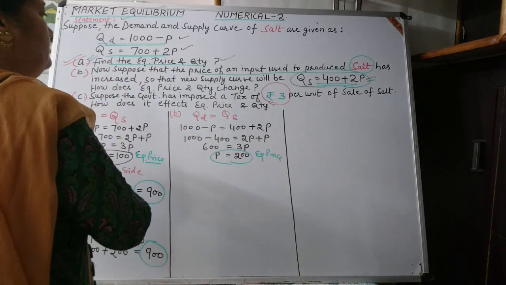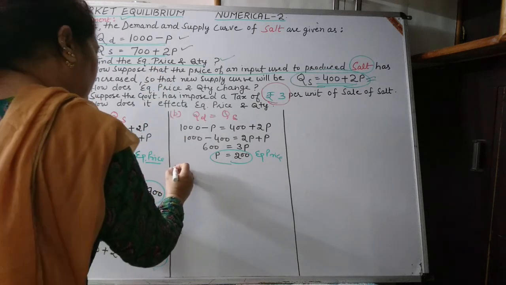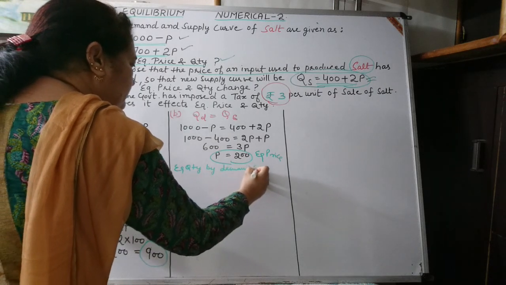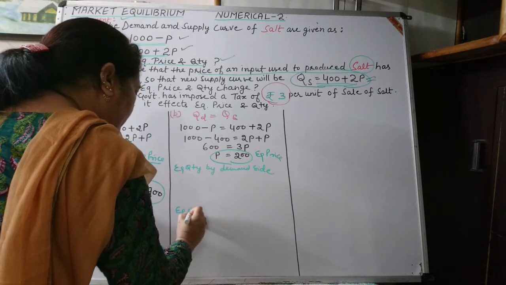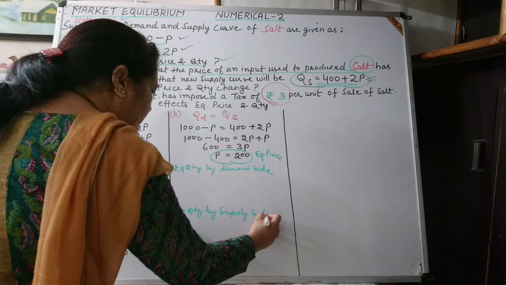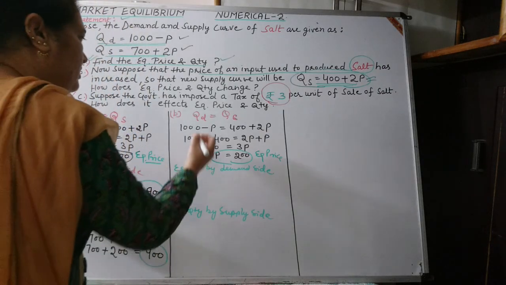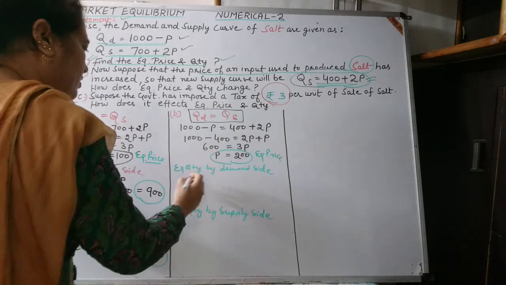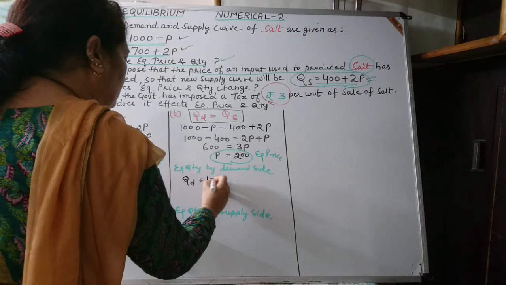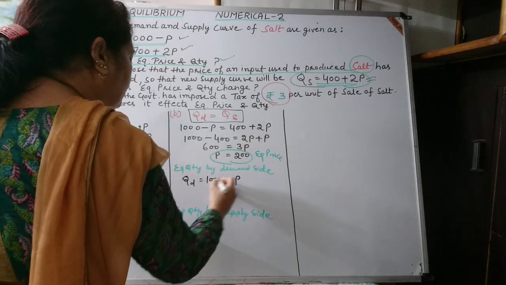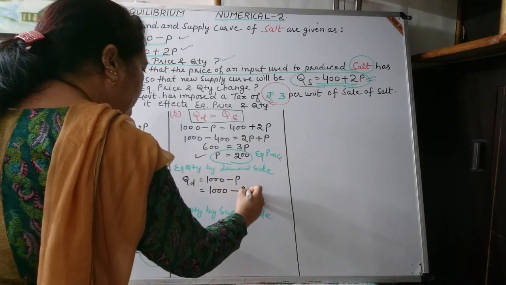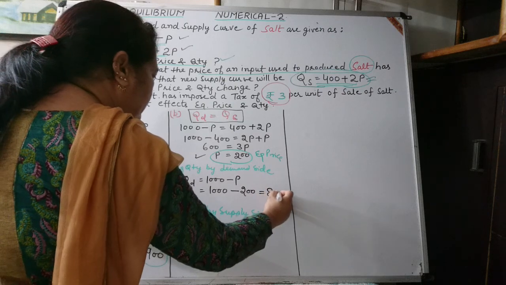Next, again the equilibrium quantity by the demand side. Next, the equilibrium quantity by the supply side. Let us see whether the values of both the equations are the same or not. So QD is equal to 1000 minus P, which is 1000 minus 200, is equal to 800.